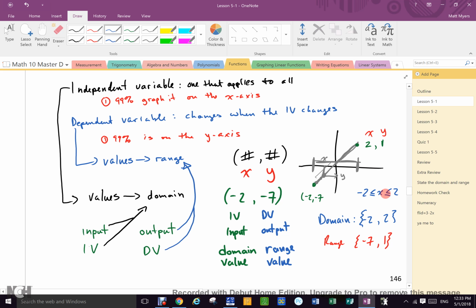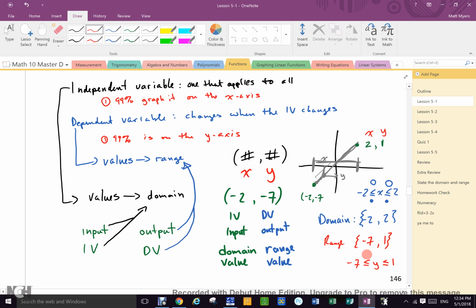All right? If there's an equal sign, we put a closed dot. If there's no equal sign, it's an open dot. Everybody good? And range would have been -7, less than or equal to y, less than or equal to 1.